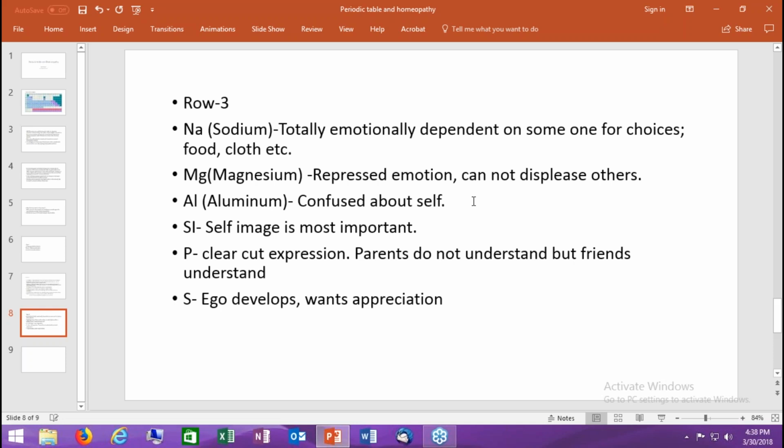Because of that, he has a fear of losing the loved ones. That is why he doesn't want to displease others. He cannot displease others. He's going to a party and he cannot eat something he likes. Rather, he will ask his friends, do you like this? Then I will also have it. This is called the magnesium.